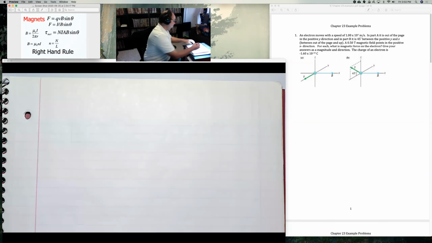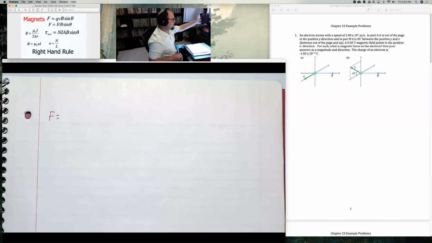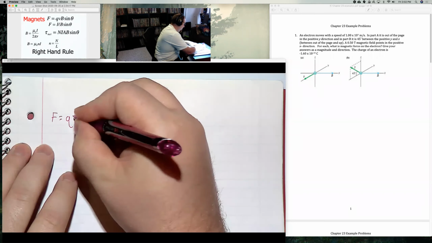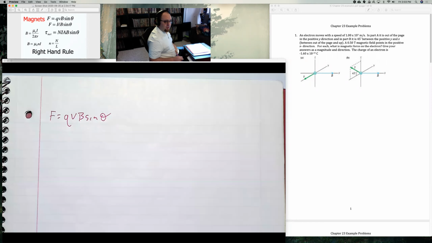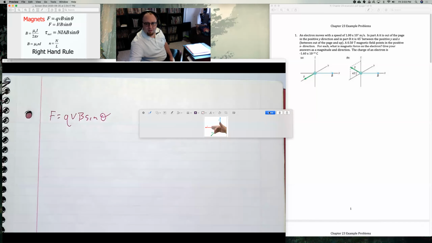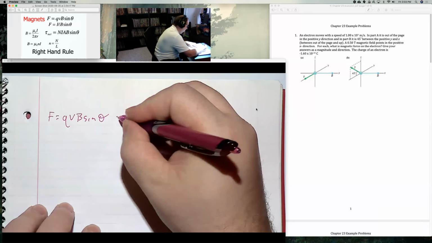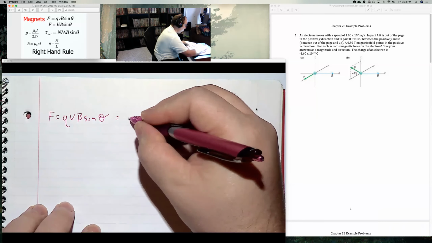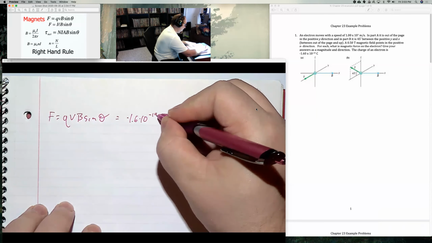If you want to find the magnitude of a force on a charged particle, the force is equal to QVB sine theta. That only gives the magnitude. That does not give the direction. So the charge of an electron is negative 1.6 times 10 to the negative 19 coulombs.